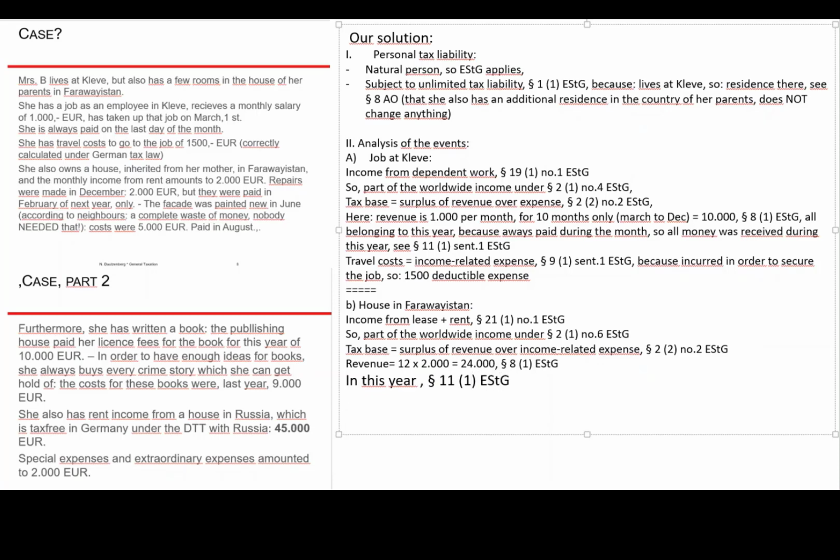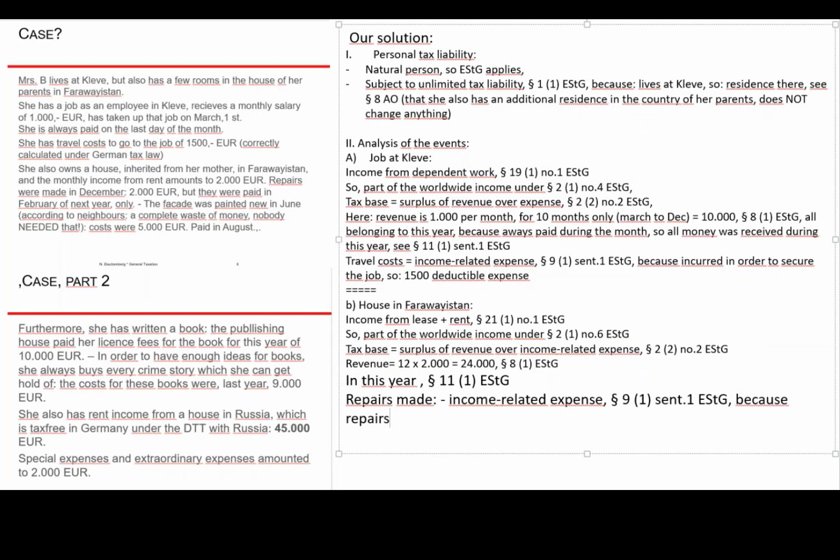Now let's go on. We have now repairs made. This is in principle income related expense, because repairs were made in order to sustain the income from letting the house to tenants. That's relatively clear.